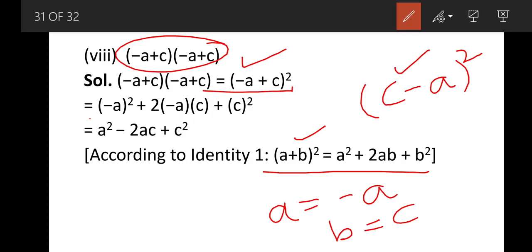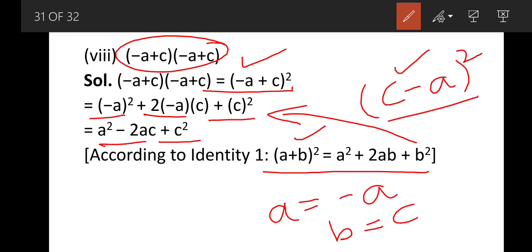So it will be a square, that is (−a) square, plus 2ab, 2 into (−a)(c), and plus b square according to the identity I have written, and it equals a square. And if I am multiplying minus a twice, it will be positive a square, so it will be a square minus 2ac plus c square according to identity number 1. As I told you, you can use identity number 2 also, like minus sign can be written in place of this, because this can be rearranged and can be written like this also.